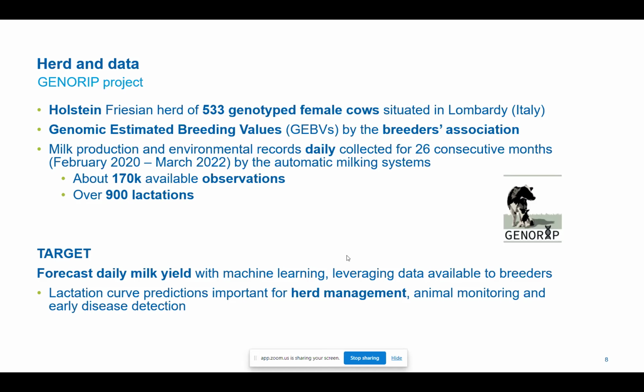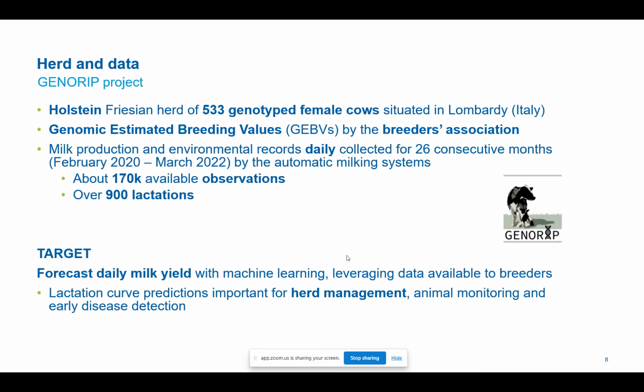We knew when the lactation started, when the lactation ended, what was the daily production for every day of lactation, what was their genetic breeding value, what was their genotype. So we had a complete overview of the cow genetics and production. And this was available for 900 lactations. So we had a great data set available.